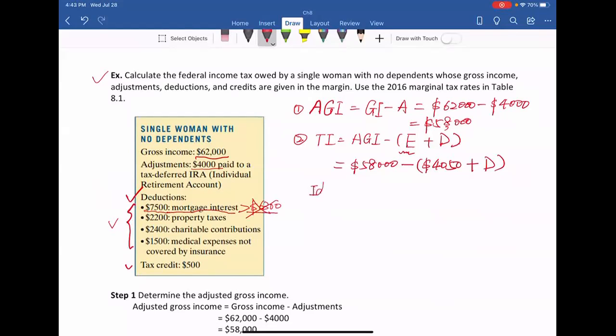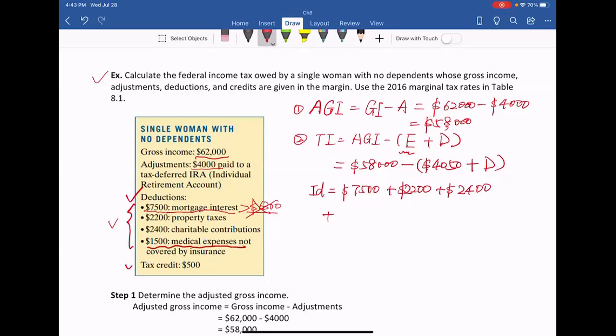Itemized deduction equals mortgage 7,500 plus 2,200 plus 2,400 plus, do we need to add the medical expense?